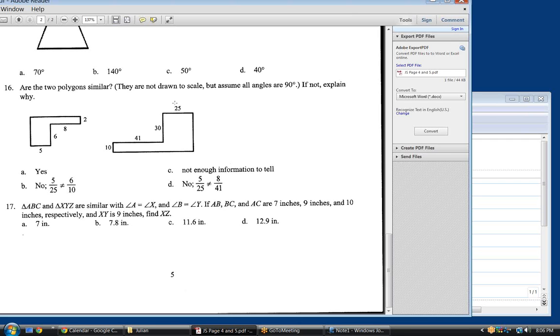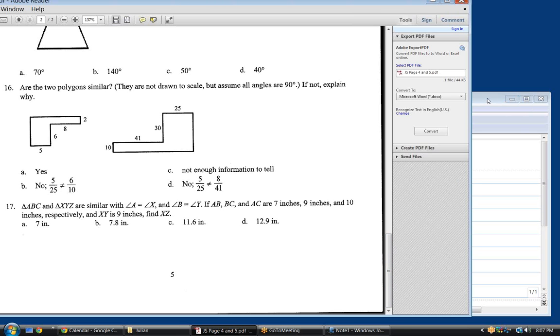In other words, these are not similar because every corresponding side is not 5 times bigger than its corresponding side. 25 is 5 times bigger than 5, so that works. 30 is 5 times bigger than 6, so that works. But when we get to the last one, comparing 41 to 8, that's not 5 times bigger.